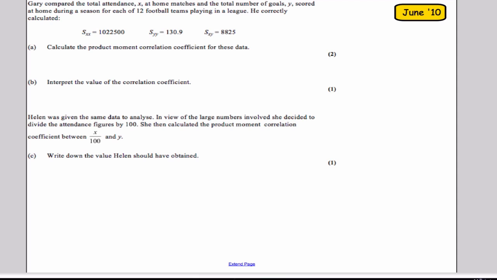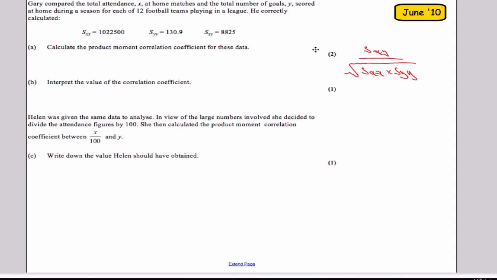In the formula book, we're told that the PMCC is worked out by doing Sxy over the square root of Sxx times Syy. So all we're going to do is plug these values into our calculator.